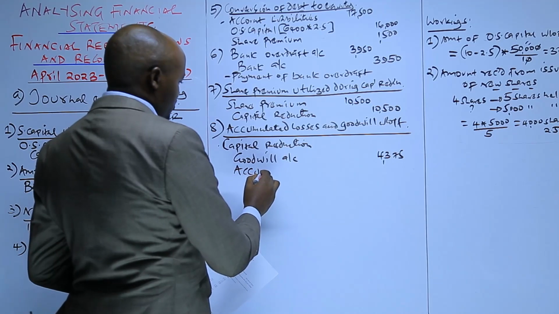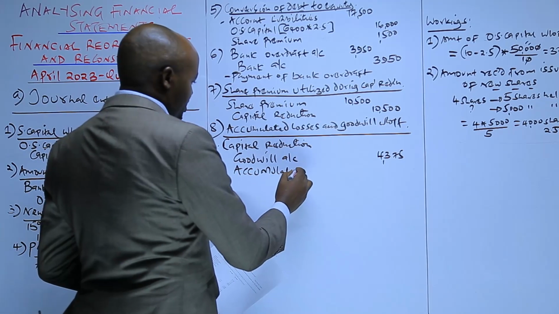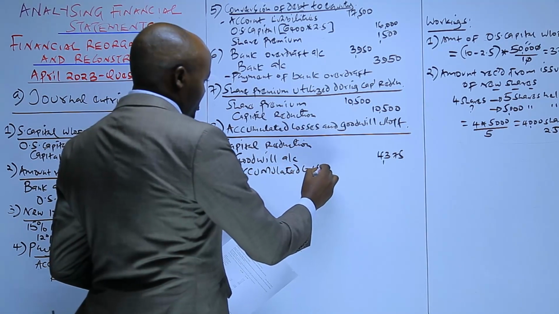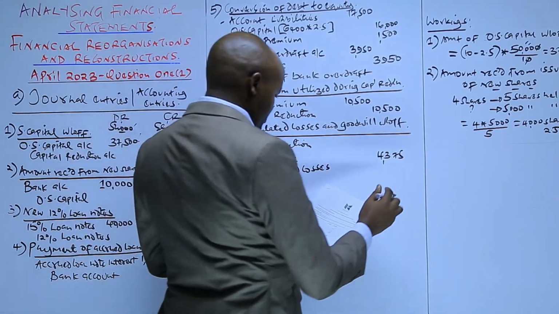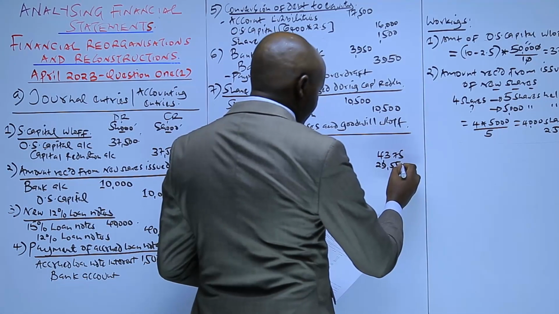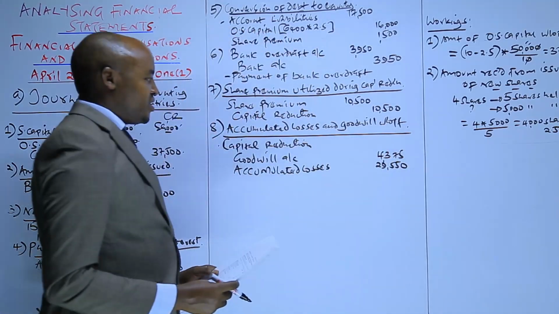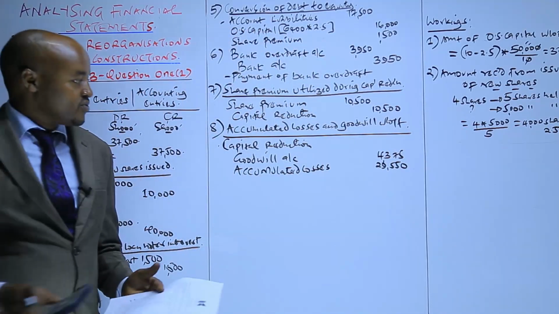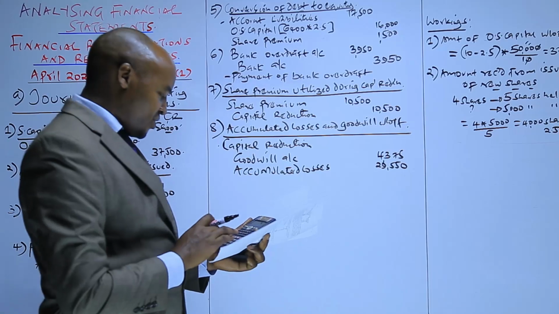And I've said to write off the accumulated losses, we need equally to credit that account. We credit the accumulated losses account with an amount of 29,550, and then the total amount credited in those two accounts will be debited in the capital deduction account.